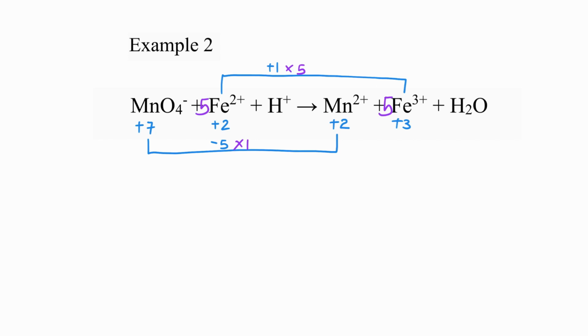So let's see what's the charges that we have on the left hand side of the equation. So we have -1 for MnO4-.